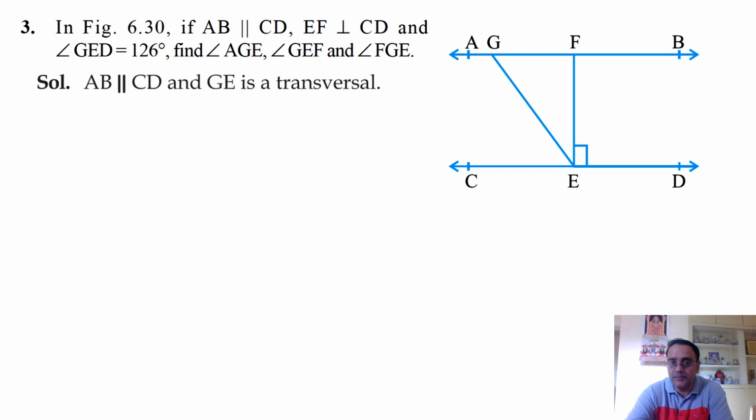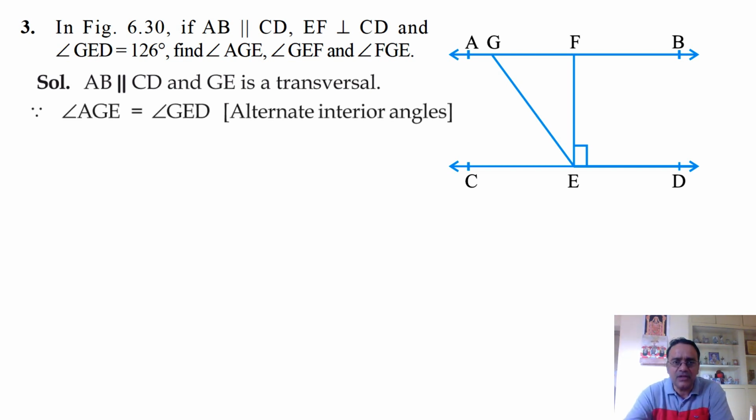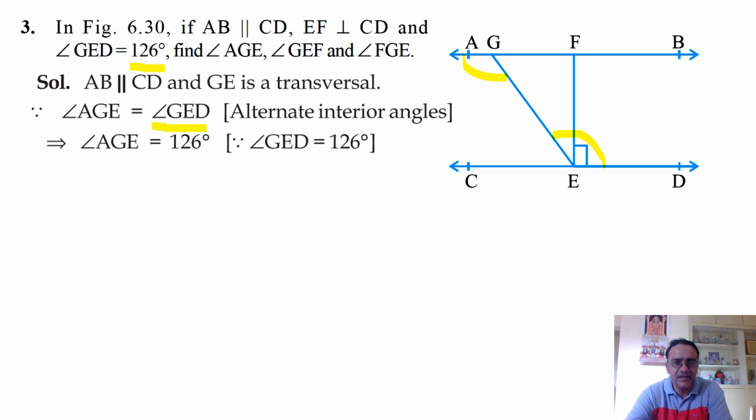So we can use the property of pair of angles with respect to parallel and transversal. So first, angle AGE is equal to angle GED. These two are alternate interior angles. Now angle GED is already given in the question, that is equal to 126 degree. So angle AGE is equal to 126 degree.